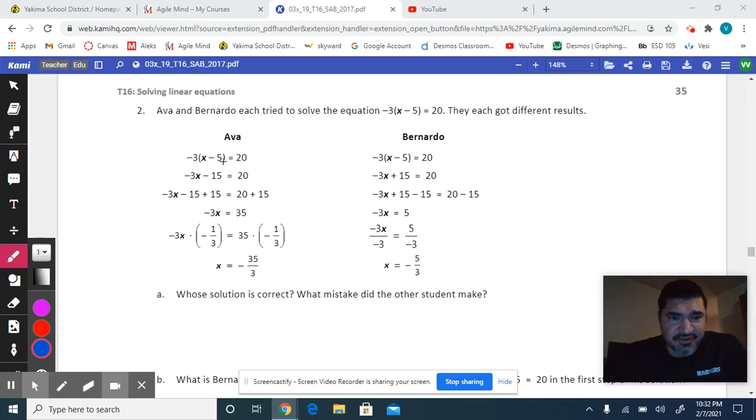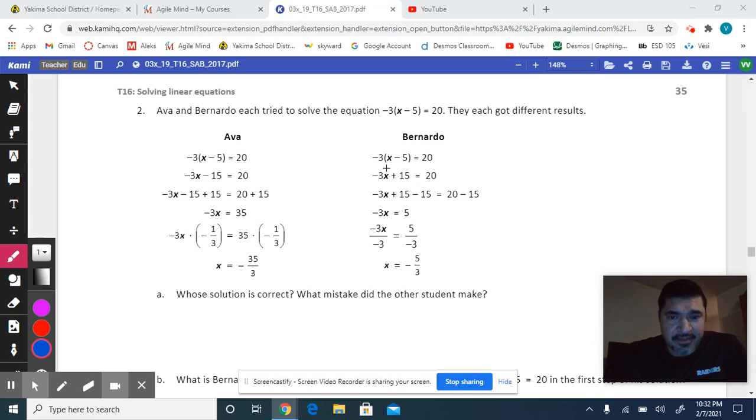First step we should do is distribute. So we have negative 3 times x, which is negative 3x. That is correct. Then we have negative 3 times negative 5. Does that equal negative 15? Think about that for a second. Negative 3 times negative 5 is a positive 15. So this should be a plus 15 right here.